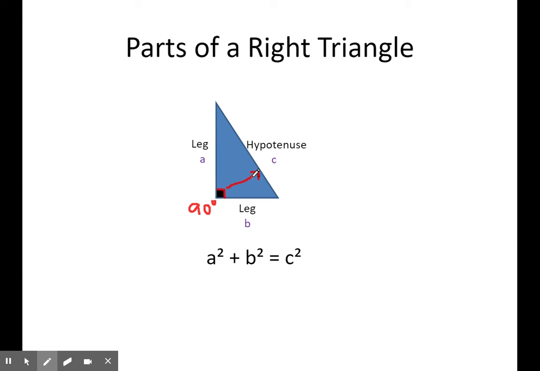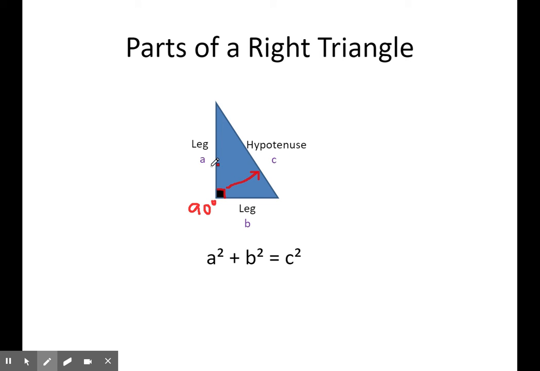That arrow will always point to your hypotenuse. Your hypotenuse is also the longest side in your right triangle. Here's a right triangle, and here's our right angle. If I draw an arrow pointing away from that right angle, that arrow will point to my hypotenuse.